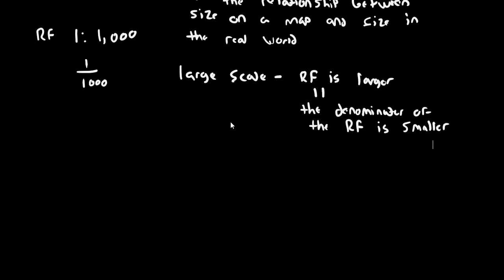As a corollary to that, if we remember that the denominator of the representative fraction is how much distance 1 unit on the map represents in the real world, this also means that the map, and I'm going to put this in quotes because it's not technical, is more "zoomed in", meaning more detail.